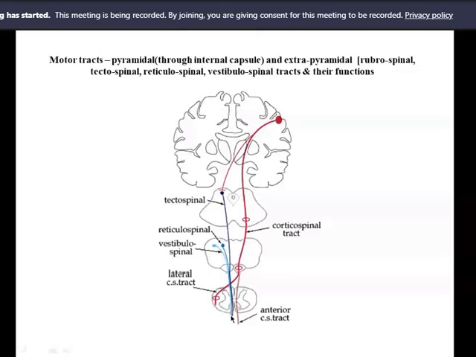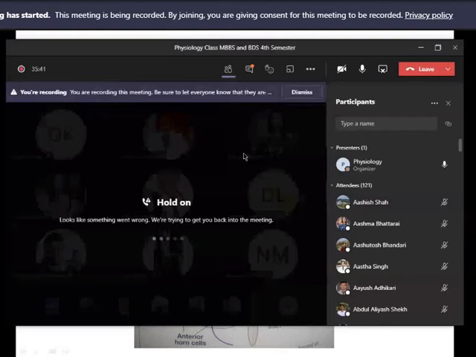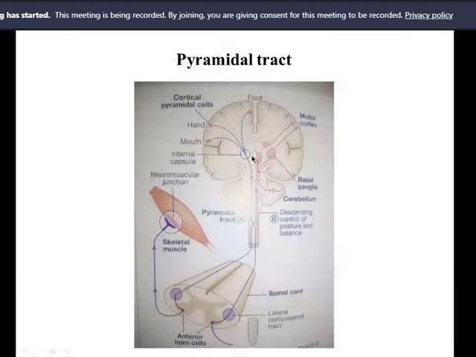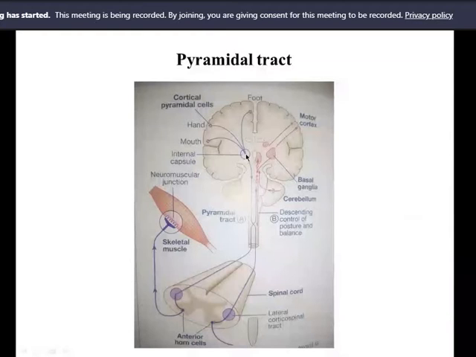Now let us come to the pyramidal tract. As I already told, in the motor homunculus, here the foot, here the hand, here the face, etc. On one side there is the thalamus, on the other side a portion of the basal ganglia. In between there is a portion called the internal capsule.